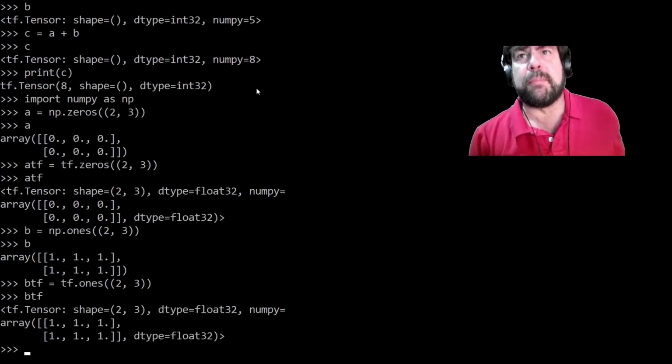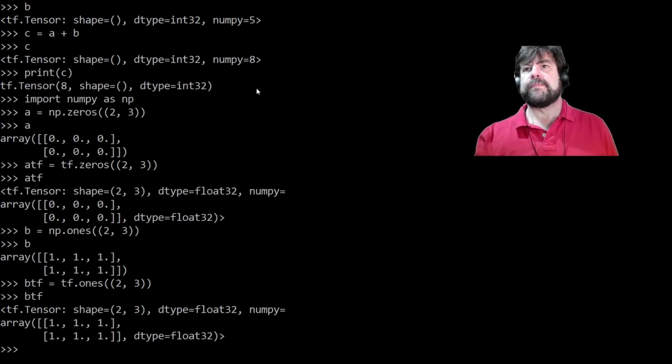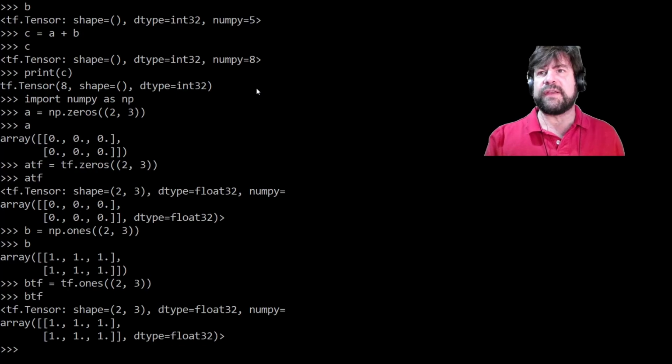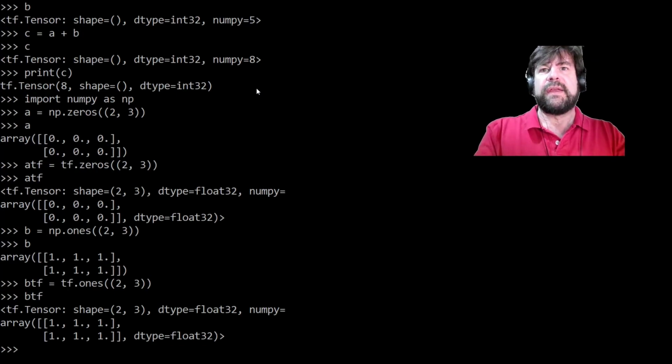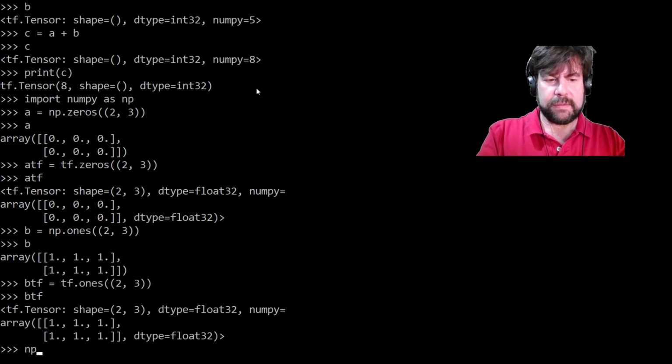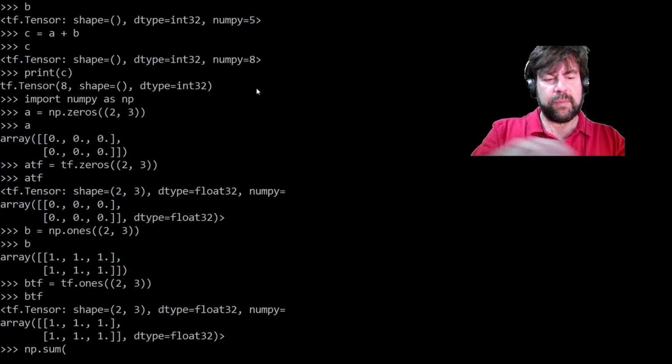So NumPy and TensorFlow have a lot of similarities, and you can do things like do reduces, like if we want to axis 1. I think this will reduce it to sum up the rows.